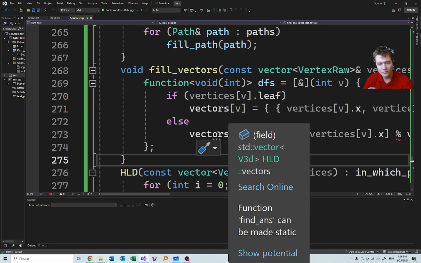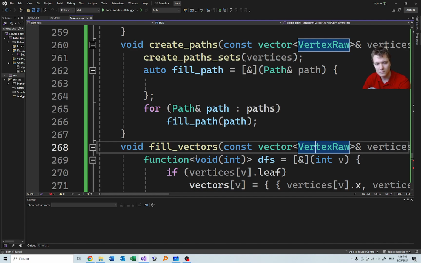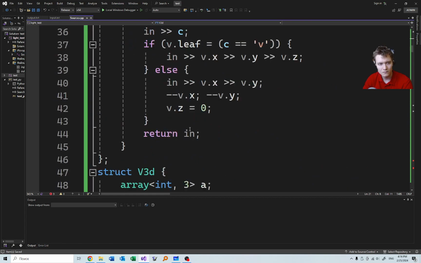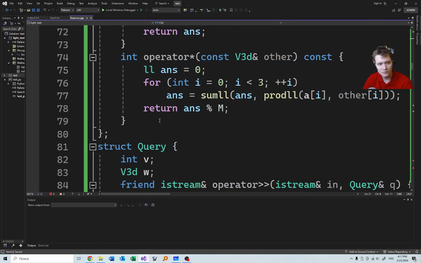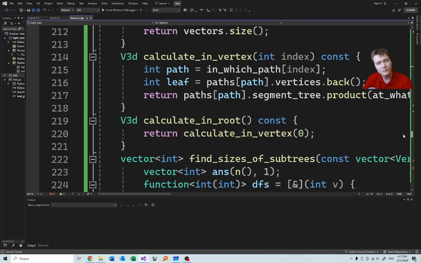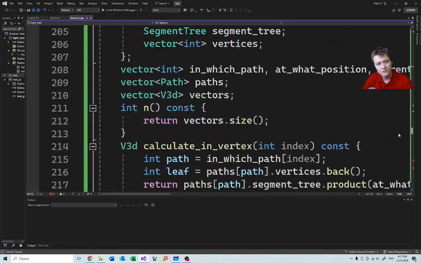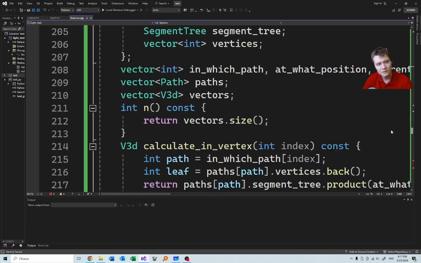How do I make a cross product? Ah, here it is. I'm not ready here to make a cross product. Where is it?